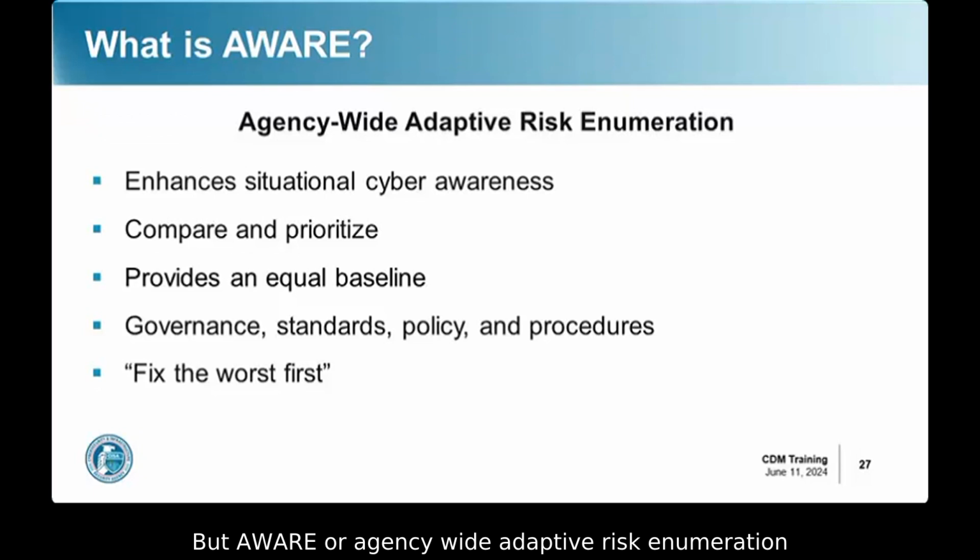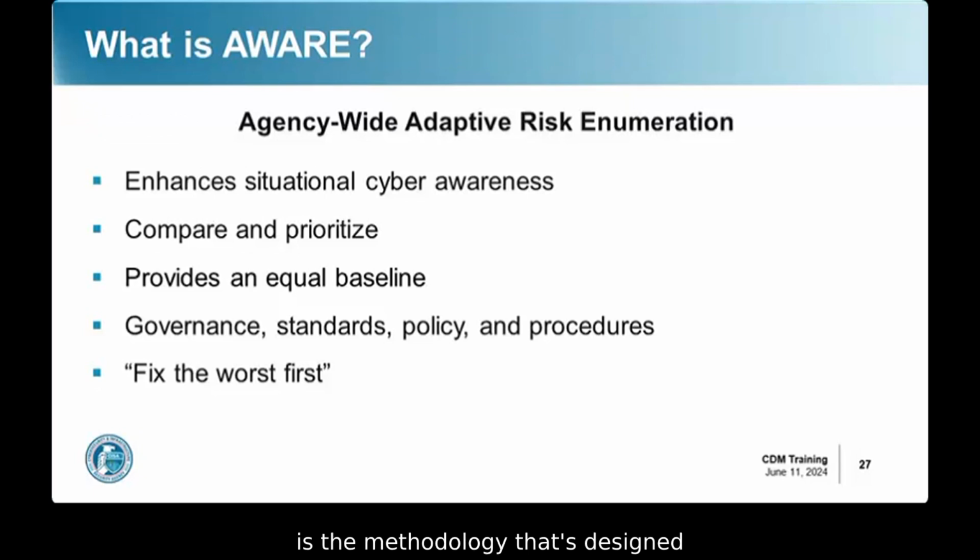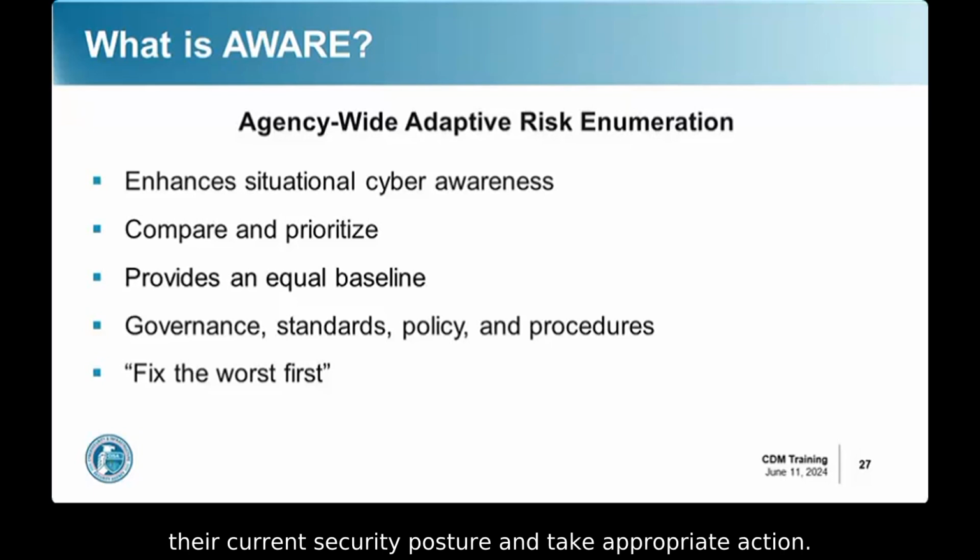AWARE, or agency-wide adaptive risk enumeration, is the methodology that's designed to enhance situational awareness for agencies, and it helps them to identify where their most important, significant, or worst issues are, so that they can better understand their current security posture and take appropriate action.